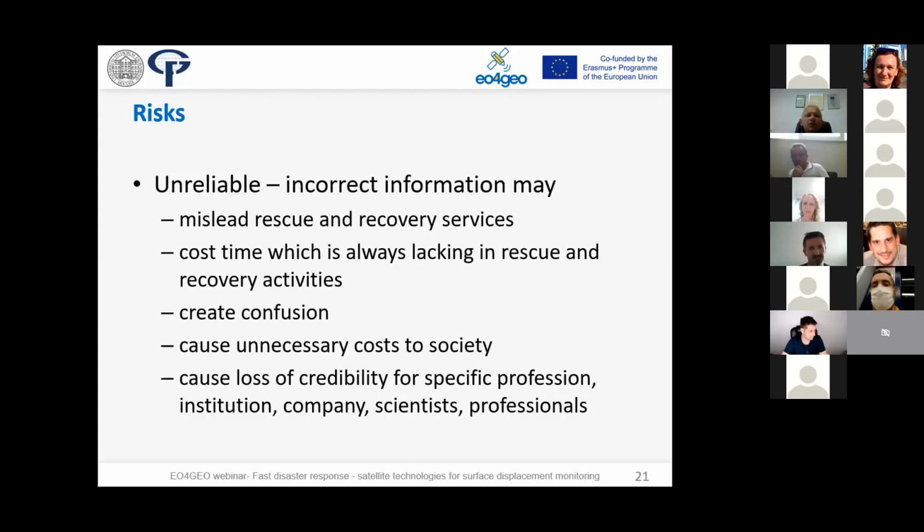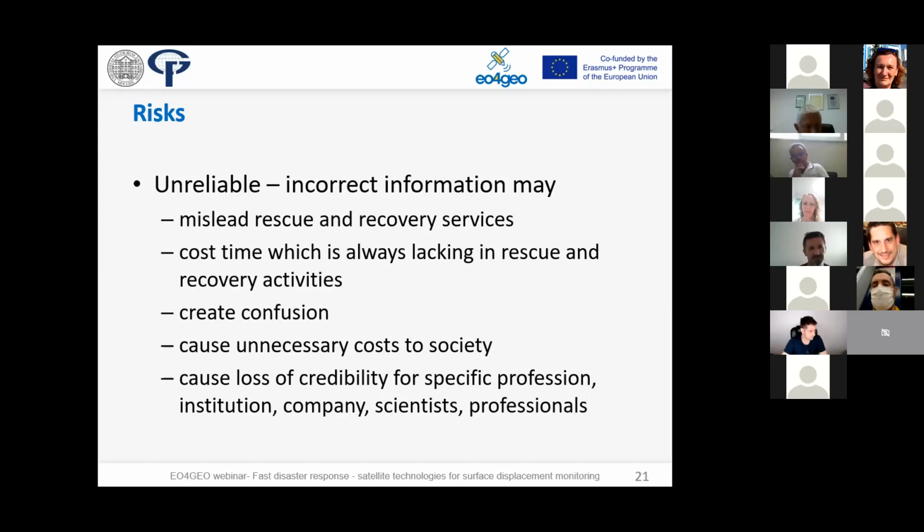So this is also the case here. One or two errors or unreliable, incorrect information may bring a shadow over a group of people or institutions, which nobody, I think, would like to happen.